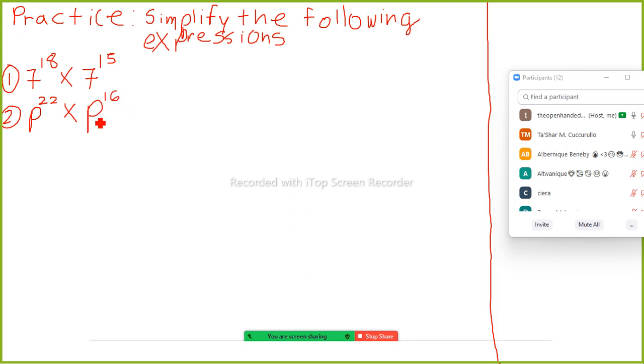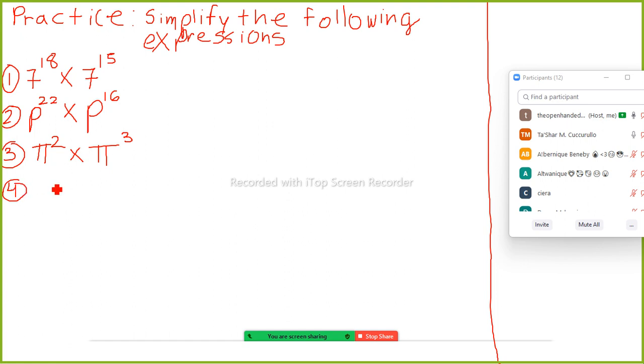What should that be? The next one is, what if we have, say, pi squared multiplied by pi to the third power?